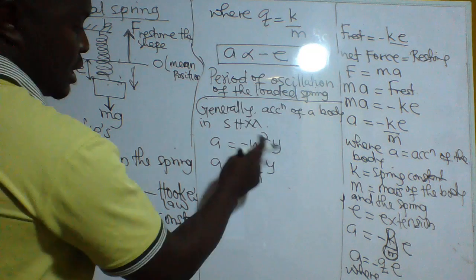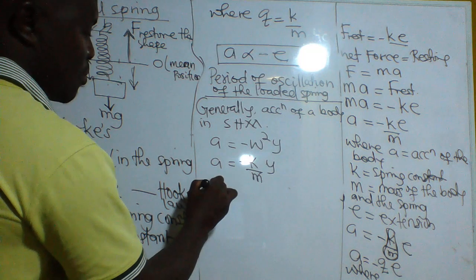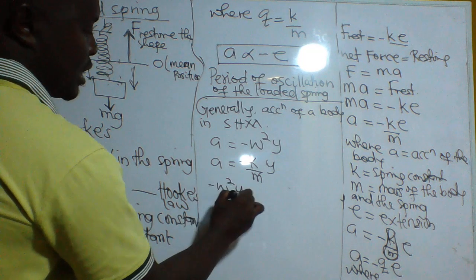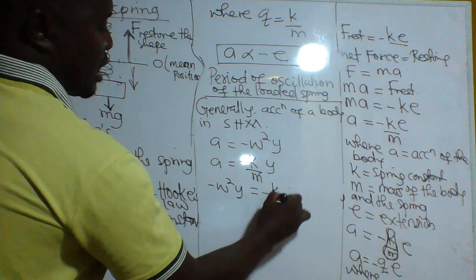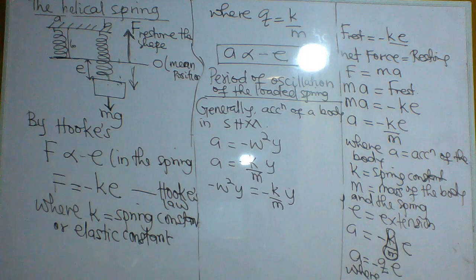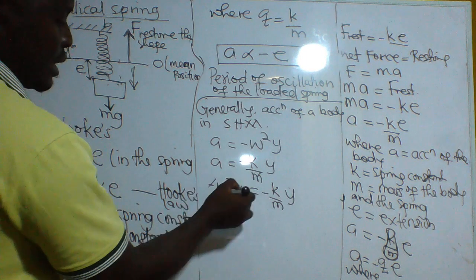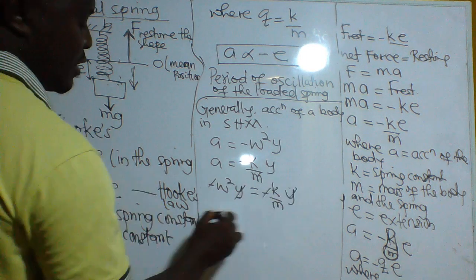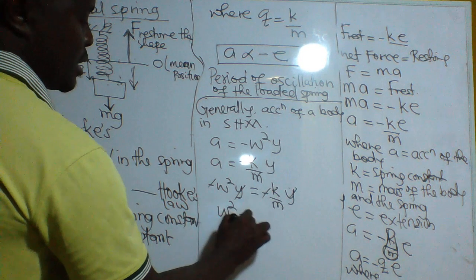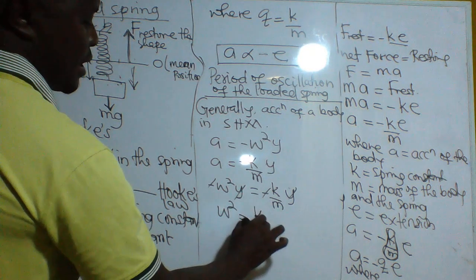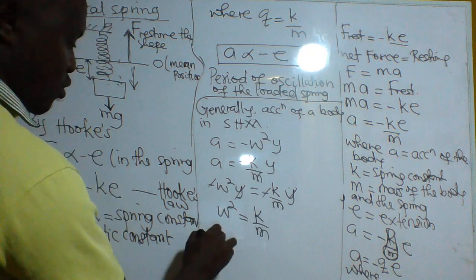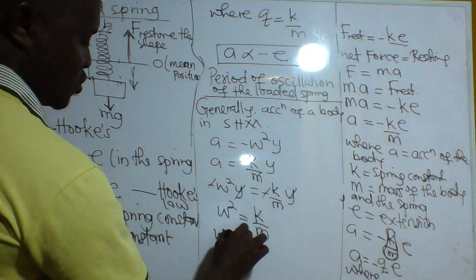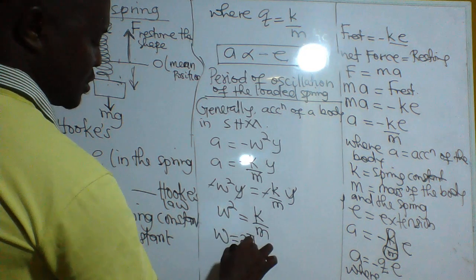Alright, in this sense we have minus omega squared y is equal to minus k on m y. So we have minus y cancelling, giving us omega squared is equal to k over m. Alright, and because omega is equal to 2 pi on T.